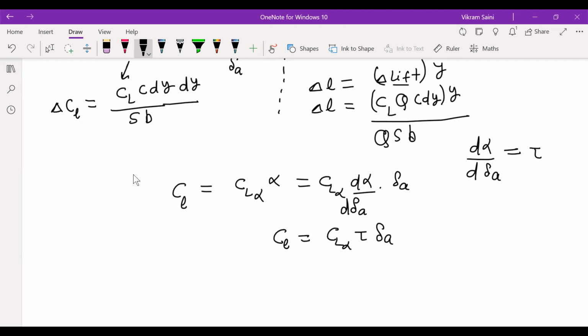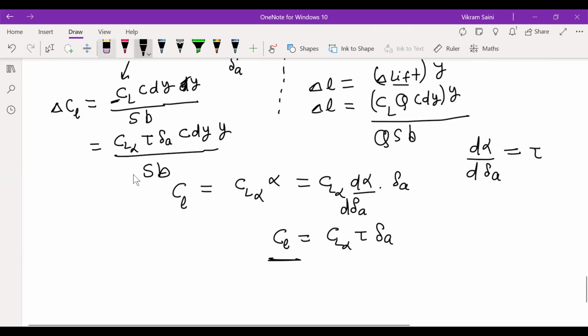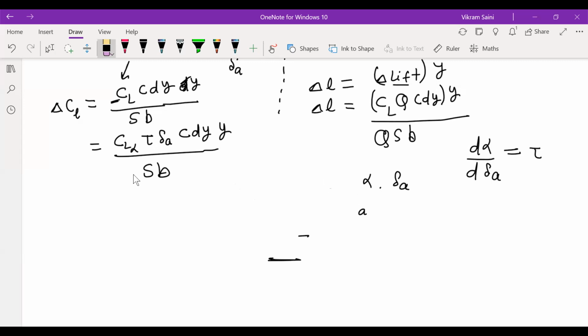So now we replace the CL at that section from this expression. So we get CL alpha tau delta A, C times dy times y, and divided by SB.